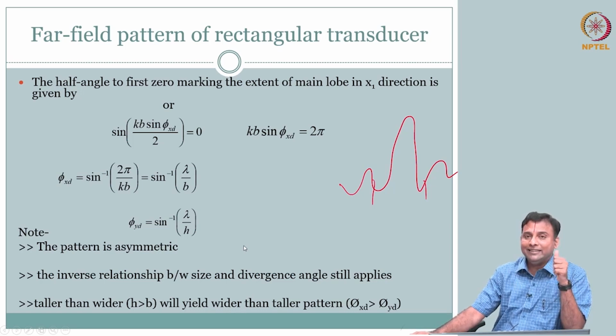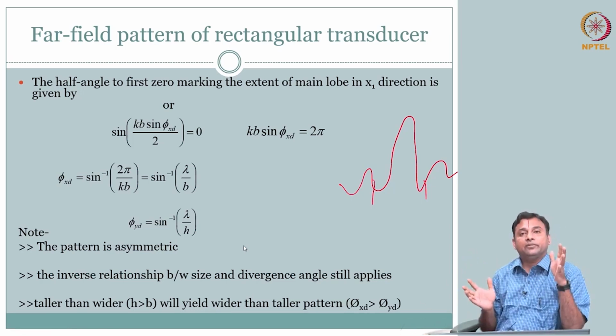The take home message is, if I want divergence to be less, I should have a large aperture. But is there a downside to it?